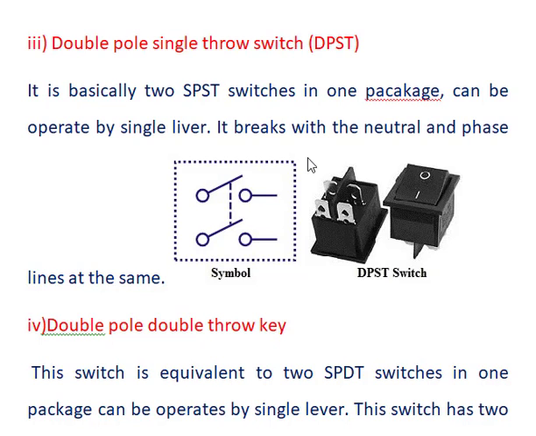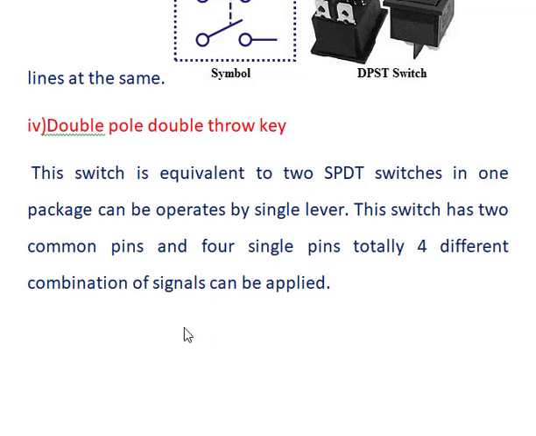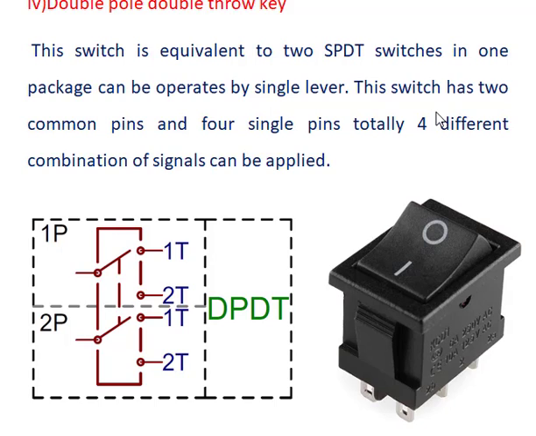Next one is the double pole double throw key. This switch is equivalent to two single pole double throw switches in one package, and it can be operated by a single lever. This switch has two common pins and four single pins.